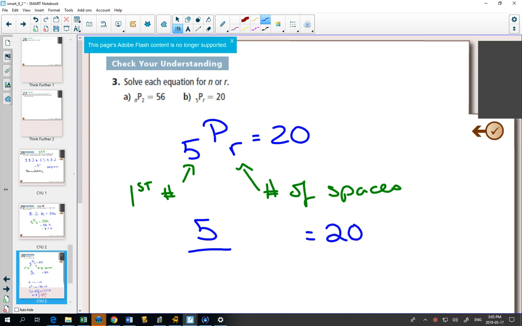No. So I add another space. Would that equal 20? Yes. So r is equal to 2. And it feels somewhat like we've done something wrong because we're kind of guessing and checking, but just using our understanding of how the permutations formula is related to the fundamental counting principle.